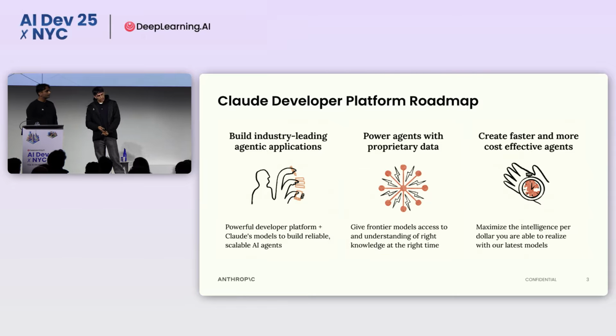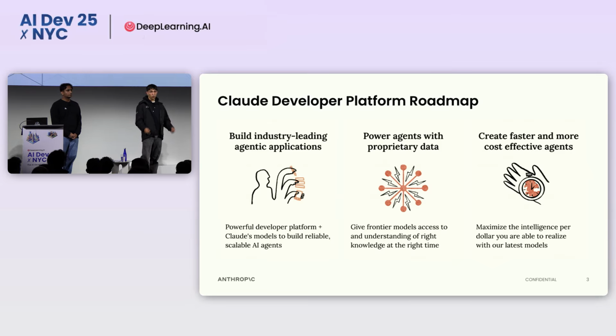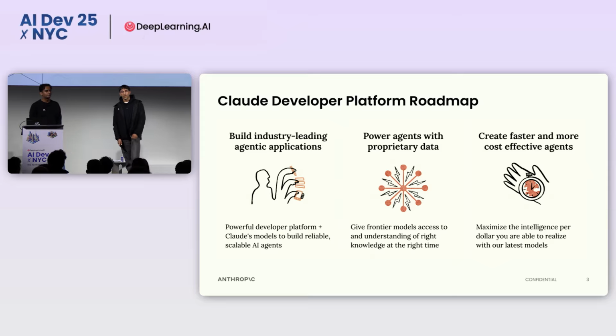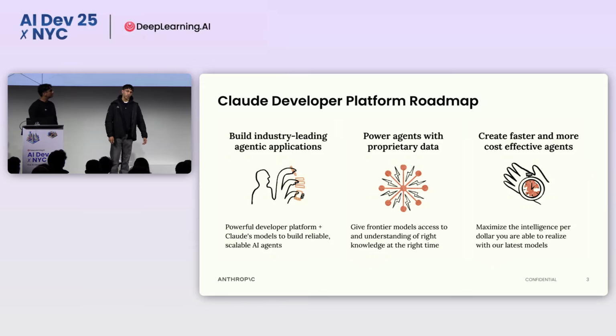The next thing here is giving Claude access to information and knowledge in your own domain. You all know that Anthropic invented MCP, Model Control Protocol, and that is a huge part of our strategy in this area. We want Claude to be most helpful in the context of your own applications. And then finally, I want to call out that we want to make building agents and using AI intelligence more cost efficient and faster. And this is where prompt caching comes in.